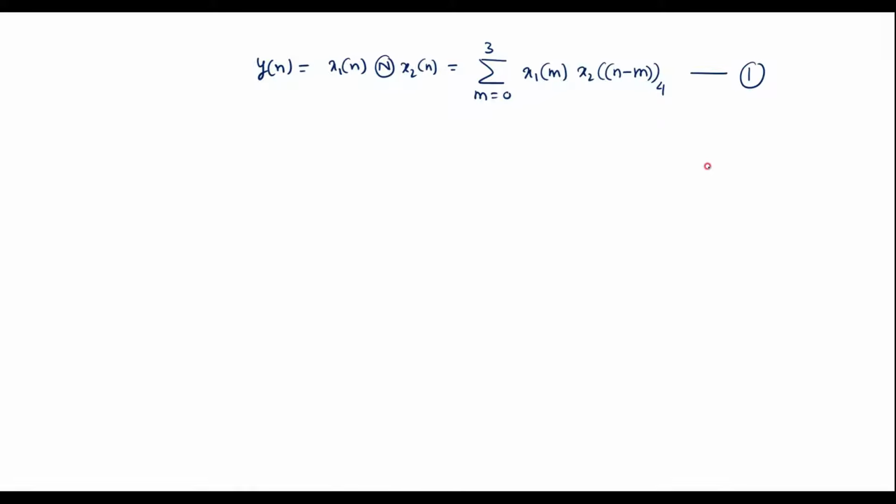We'll call it equation 1. This is the time domain formula where m is equal to 0 to N minus 1. So N is 4, so it is 3. This is the formula to be used.